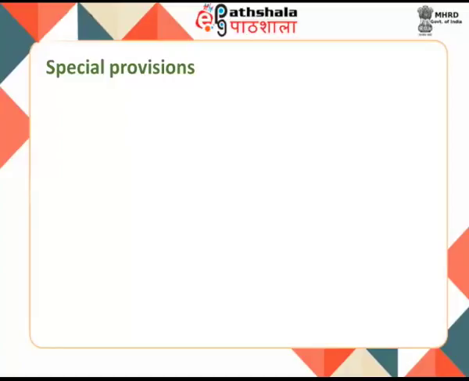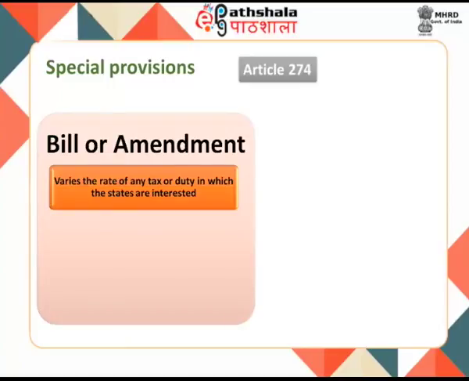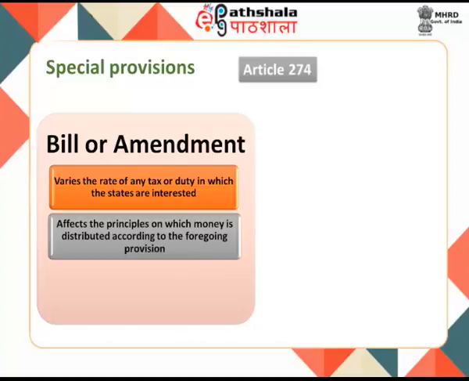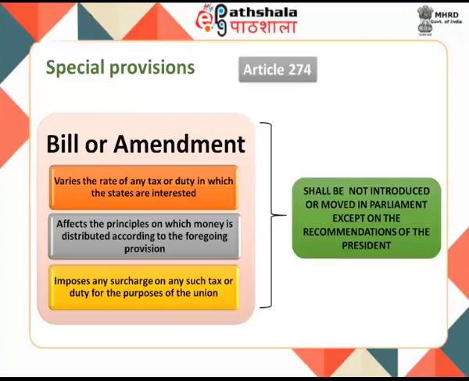It is provided by the Constitution, Article 274, that no bill or amendment which varies the rate of any tax or duty in which the states are interested or affects the principles on which money is distributed according to the foregoing provision of the Constitution or imposes any surcharge on any such tax or duty for the purposes of the Union shall be introduced or moved in Parliament except on the recommendations of the President.